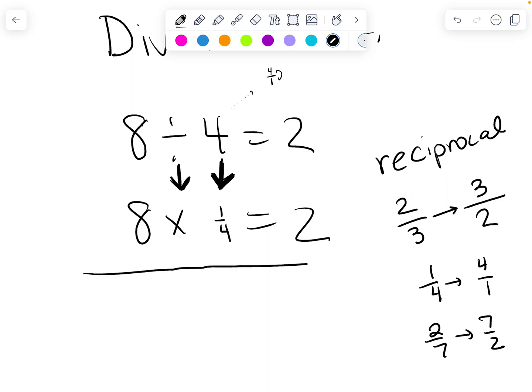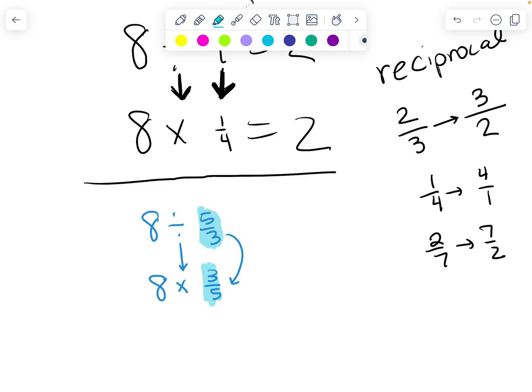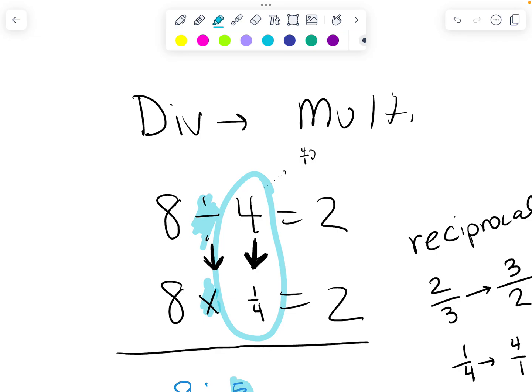So I could do something like 8 divided by 5/3 is the same thing as 8 times 3/5. We switch the operation, but if we do that, we also have to manipulate the fraction that's doing the dividing and flip it over. Okay, so turn division into multiplication by flipping and making the reciprocal of the second thing.